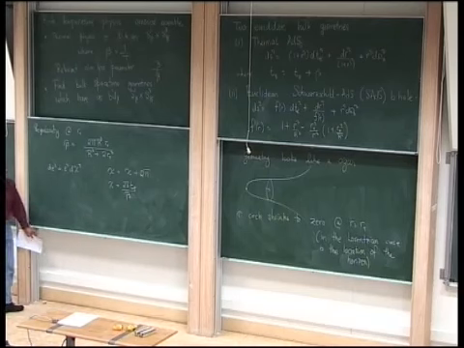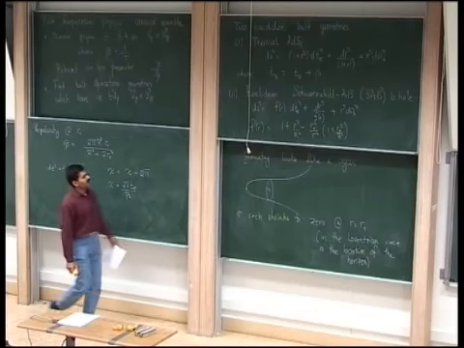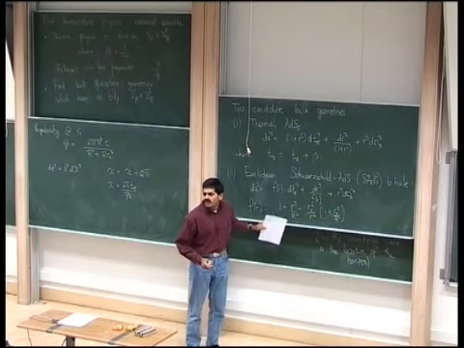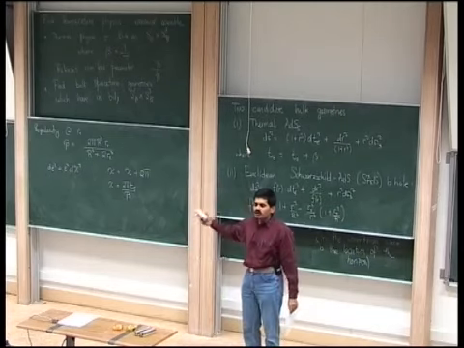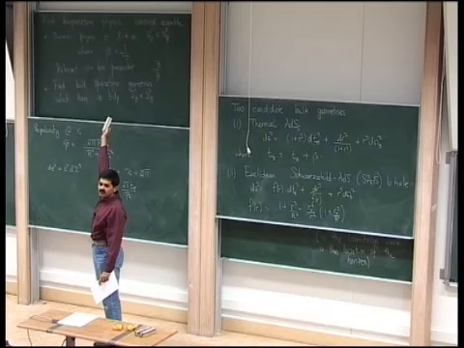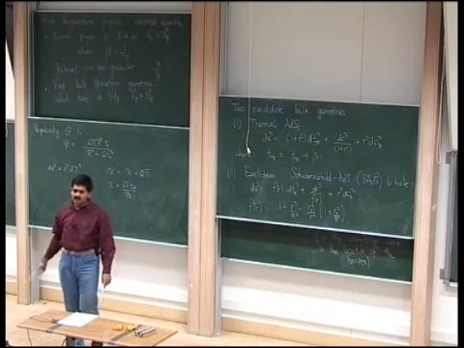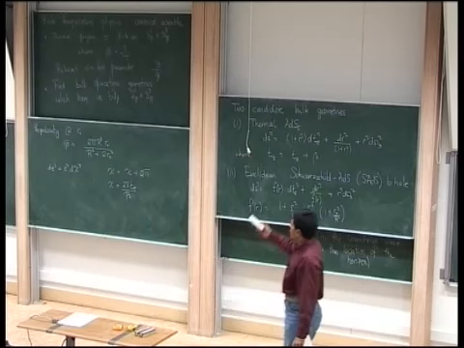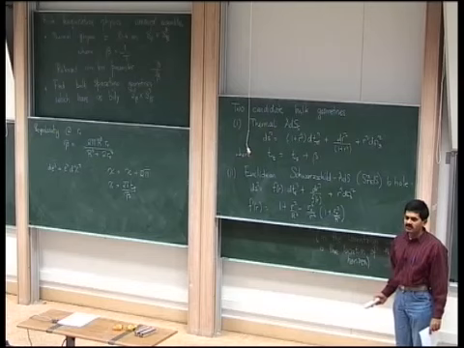And the answer is actually quite interesting. The answer turns out to depend on which regime in parameter space you're in. So I said we have a dimensionless parameter. Depending on whether that parameter is small or large, one or the other of these geometries is relevant.